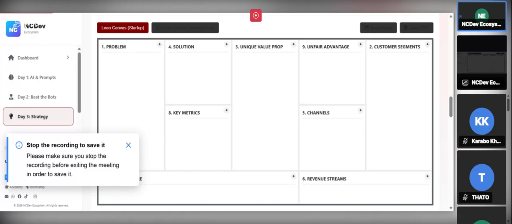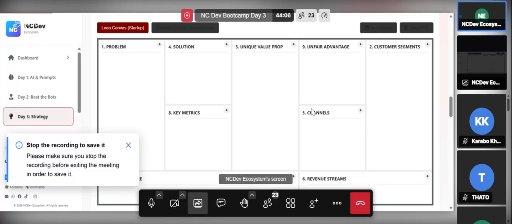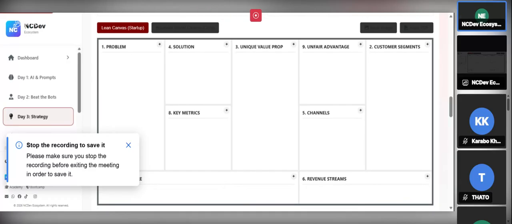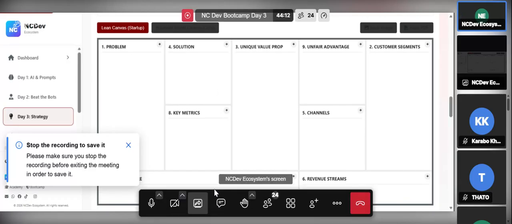But if we are a startup, we want to start with the lean canvas model. Just to give you an understanding of what this lean canvas model is, have you ever heard about the lean canvas model before? Anyone?